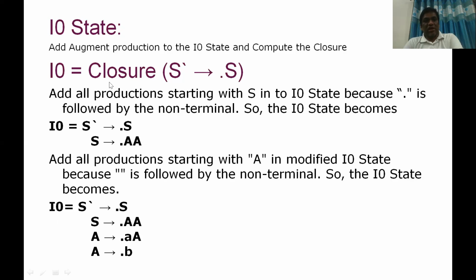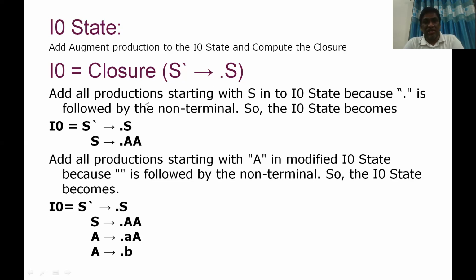Now, it is not yet finished. The closure means that for the production, you look into the RHS, then if there is a variable on the RHS after this dot, listen carefully to this point, if there is a variable after the dot, then add all the productions of that variable as part of this I0.